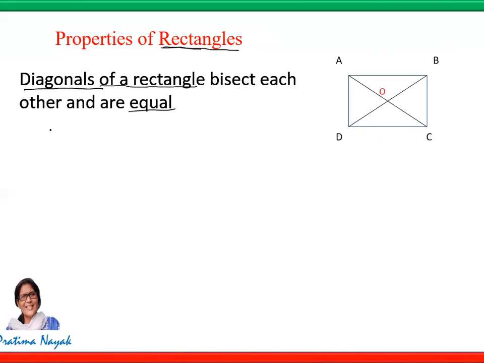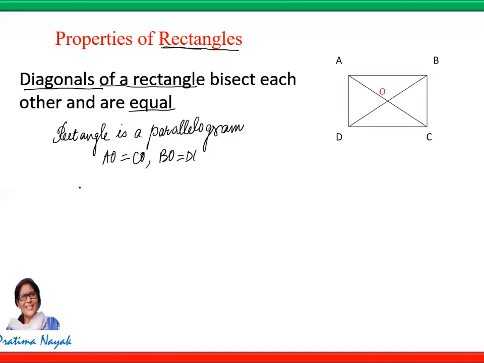So first we know that a rectangle is a parallelogram. So it has the property what? AO is equal to CO and BO is equal to DO. But here the special property is AC is equal to BD. Diagonals are equal.